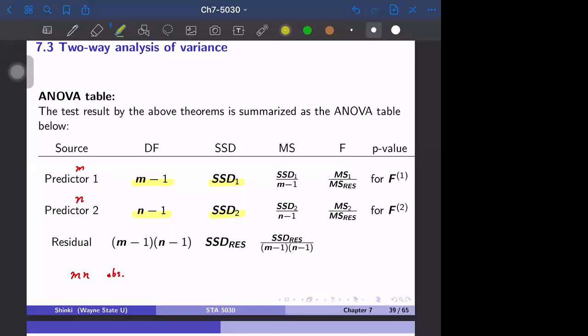The mean square is defined by SSD divided by degrees of freedom. Then we can calculate this for the residual also. The F statistic is the ratio between this number and this number. Then you can calculate the p-value using the F distribution, the same for the second factor. So this is the summary of the two-way ANOVA.